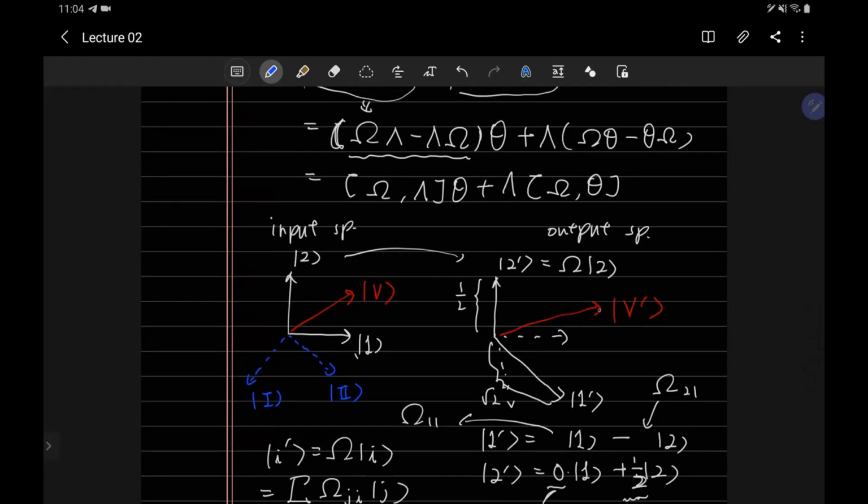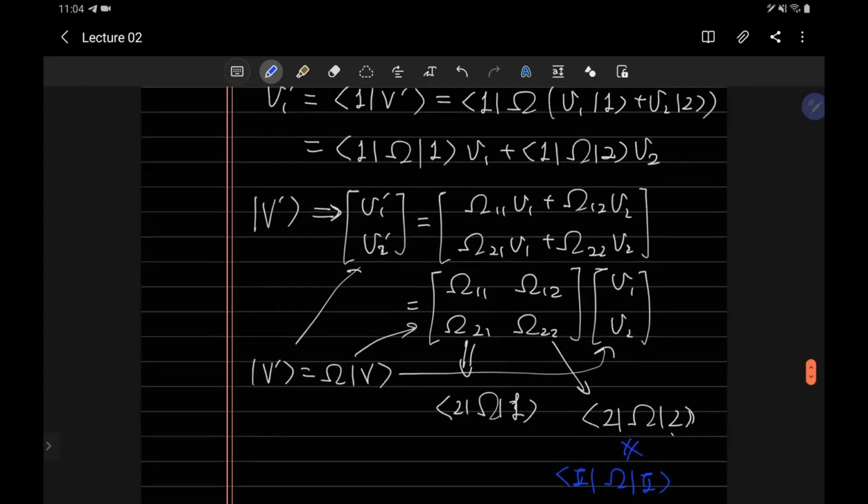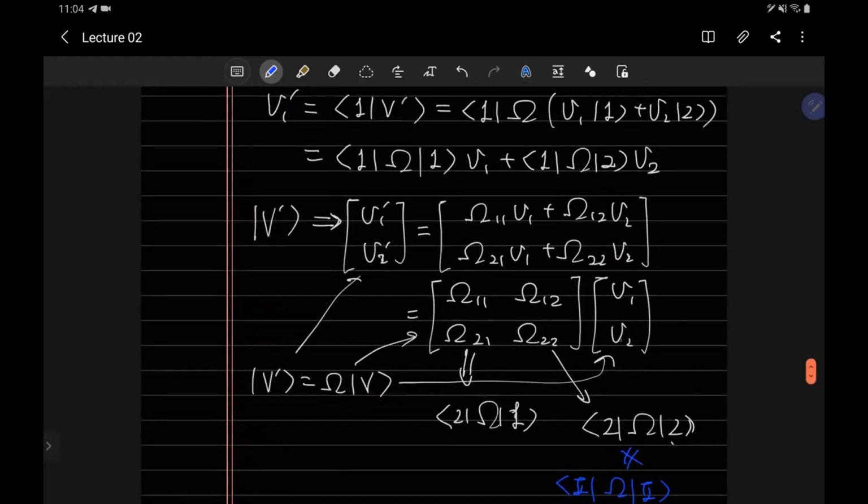And again, this new mapped vector v prime, the output vector, will also be expanded in terms of the Roman 1 and 2 vectors with different vector components. So all of these values will be different, and the matrix components will also be different.